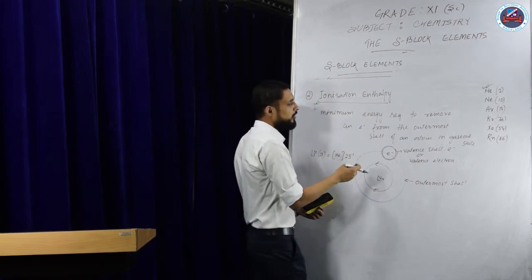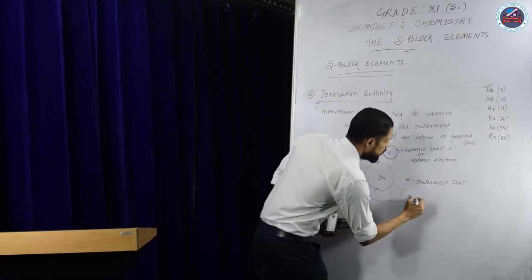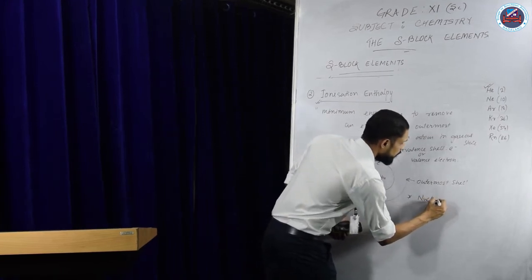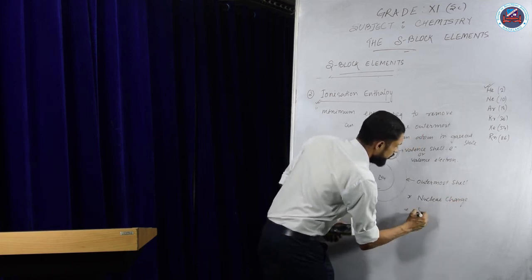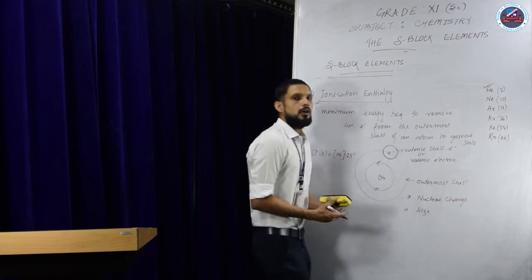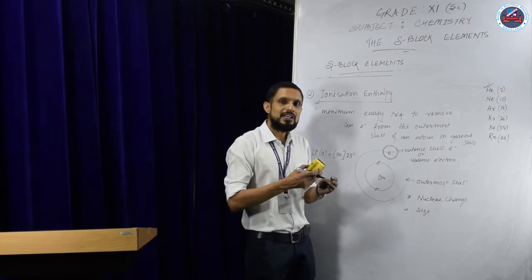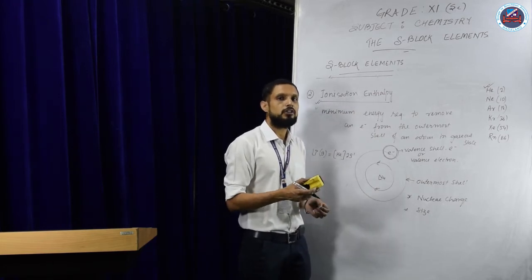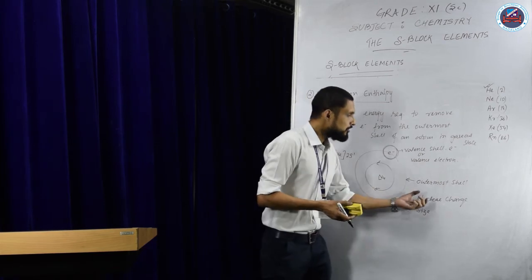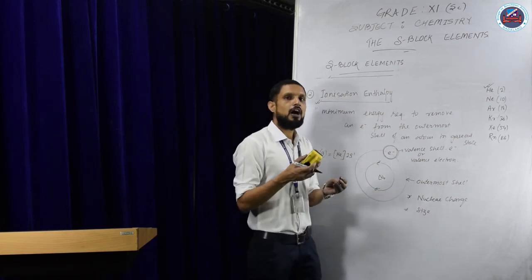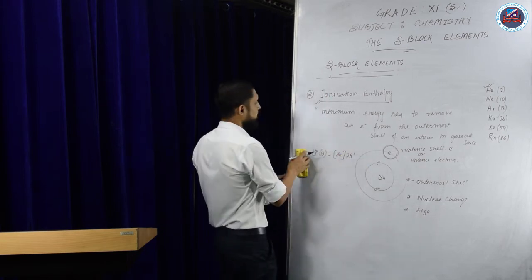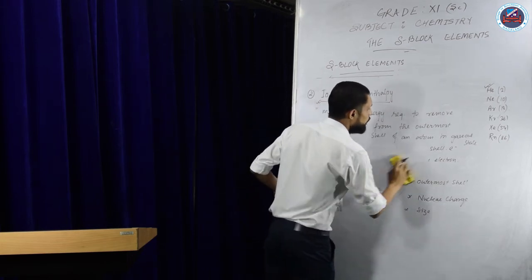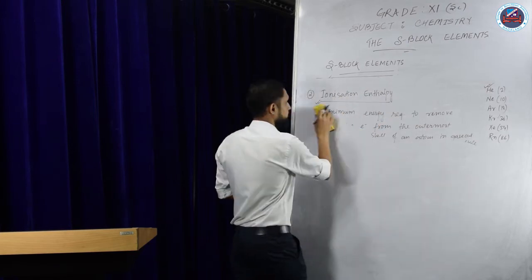And the energy will depend on nuclear charge and size. Now, if the size increases, ionization enthalpy decreases. If the nuclear charge increases, ionization enthalpy also increases. Now, let us see this with the help of group 1 elements.